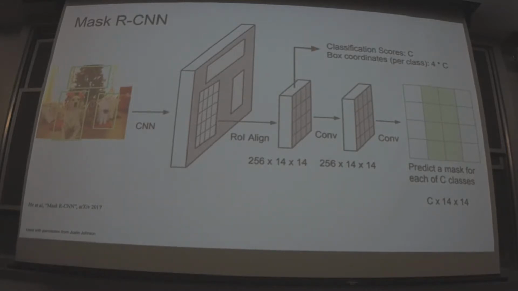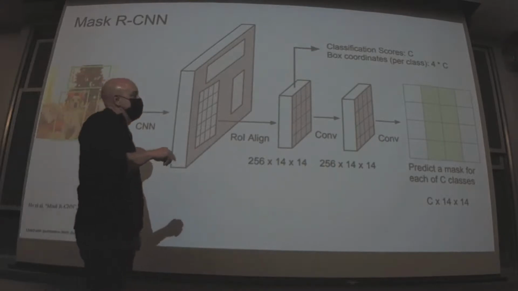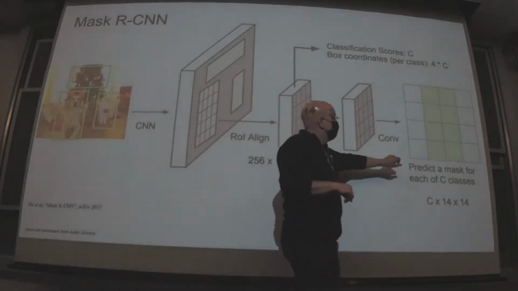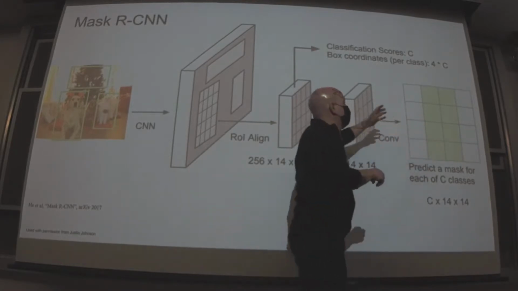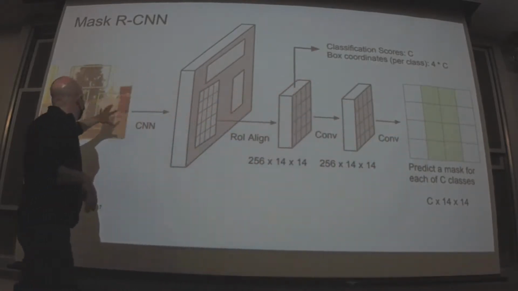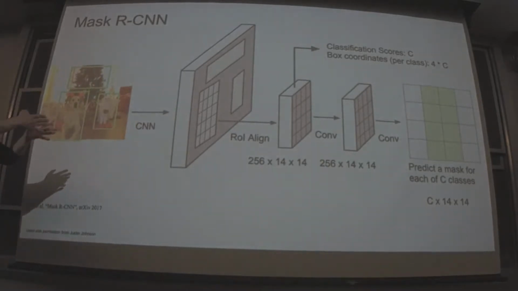Mask RCNN is basically Faster RCNN, but it has this additional head that predicts the mask. So, at this more abstract feature map, which pixels in that feature map actually correspond to the object within that bounding box, within that region.